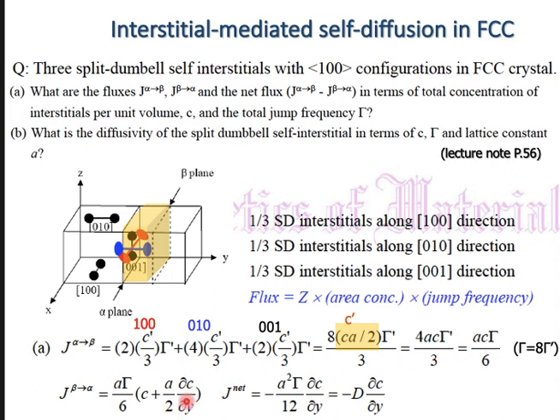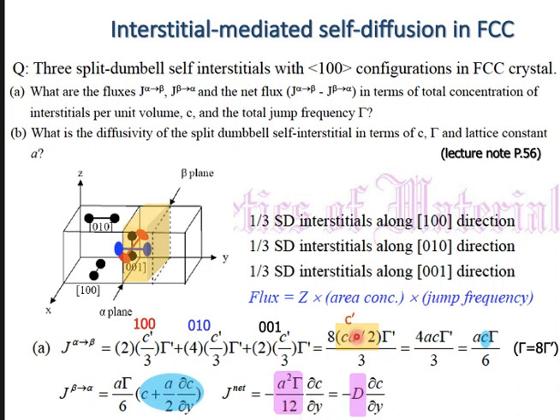Use this minus this one, then compare with Fick's first law, and you get the diffusivity in terms of lattice constant and total jump frequency. So we successfully answered question A, regarding the flux and net flux, and the diffusivity is question B.